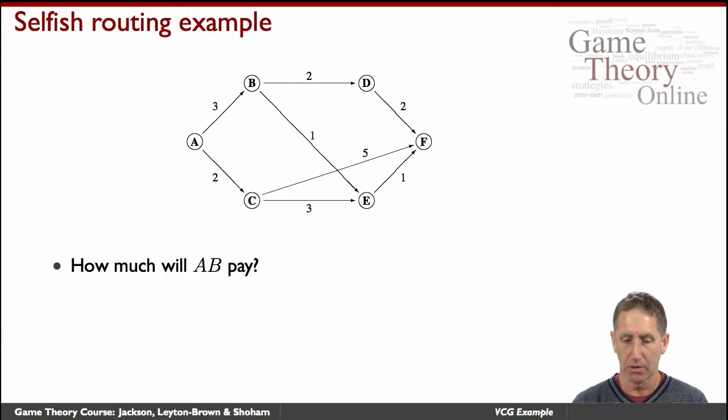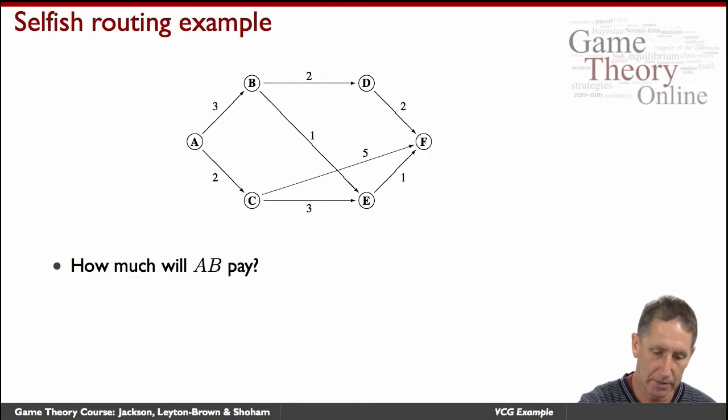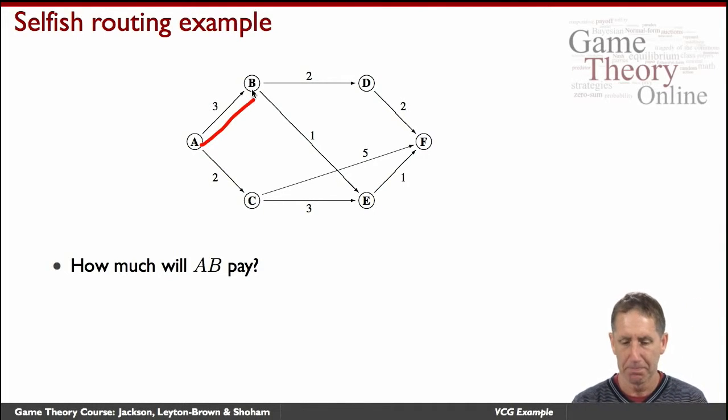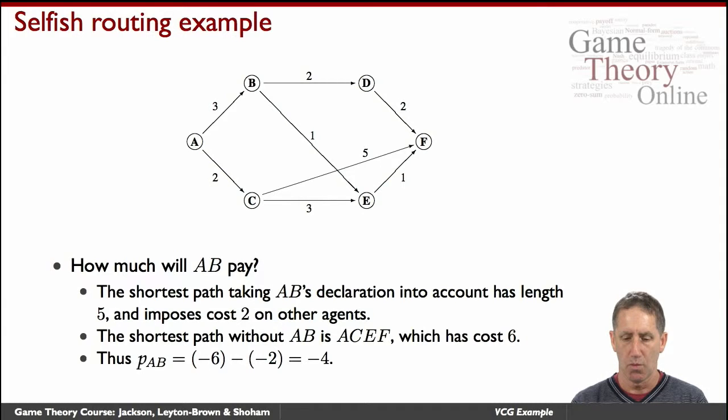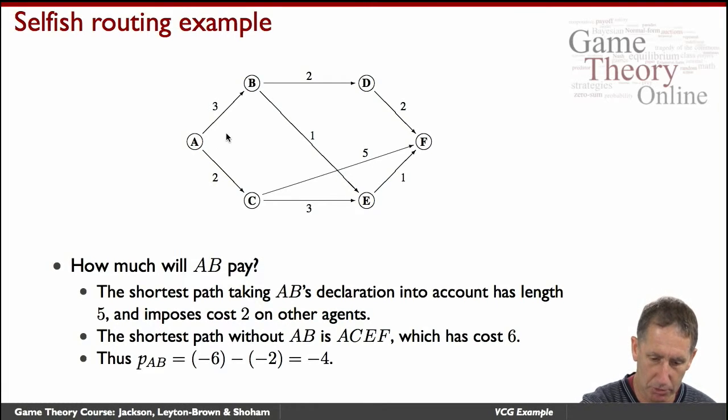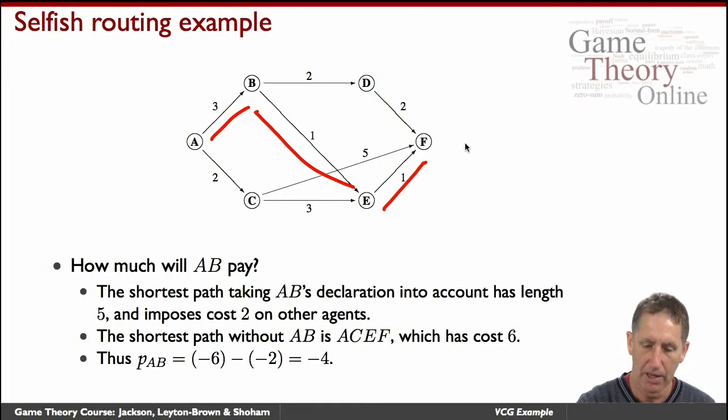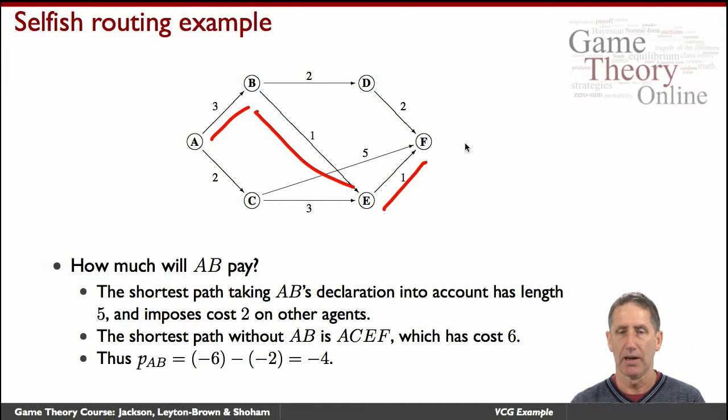So let's look, for example, at one of them, at AB. Well, the shortest path, as we know, is this one. And what is the cost to all agents other than AB itself, on the shortest path?